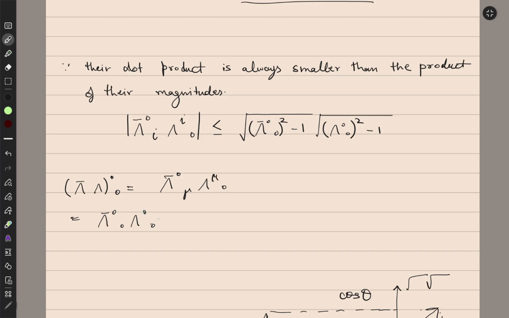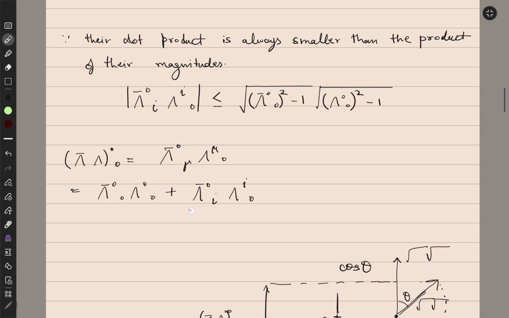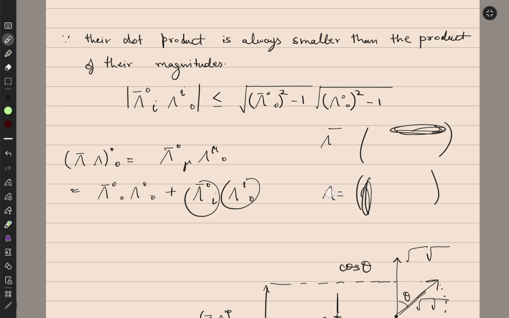This is the barred one, this is the unbarred one, and then the I summed over the 1 2 3 components, I is 0. And since we know that this is a dot product between two different vectors, this one would be the triplet from the lambda bar matrix, and this would be the triplet from the lambda matrix, and we are dotting these two vectors.